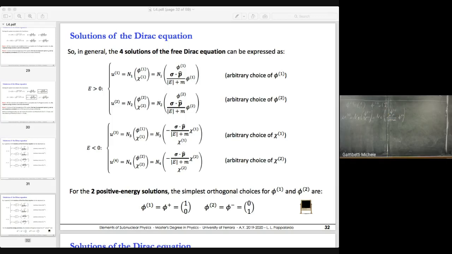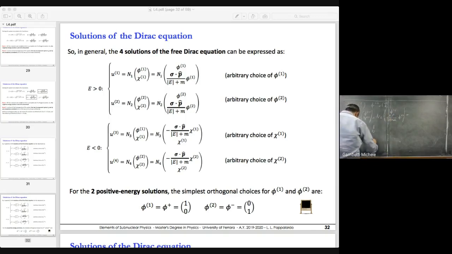Let's now substitute this solution here. So this is going to be N1 times. Now we also make explicit the fact that these are two components. So this is (1, 0), and then we have 1 over E plus M. We make explicit also the scalar product, sigma·P.